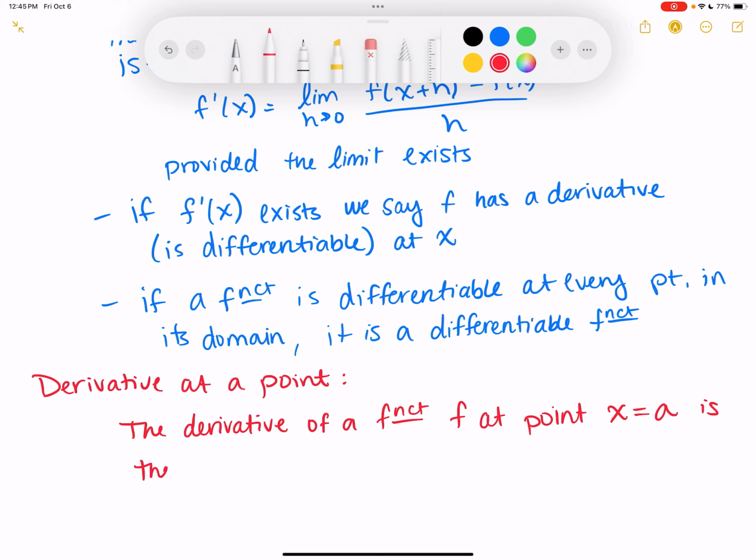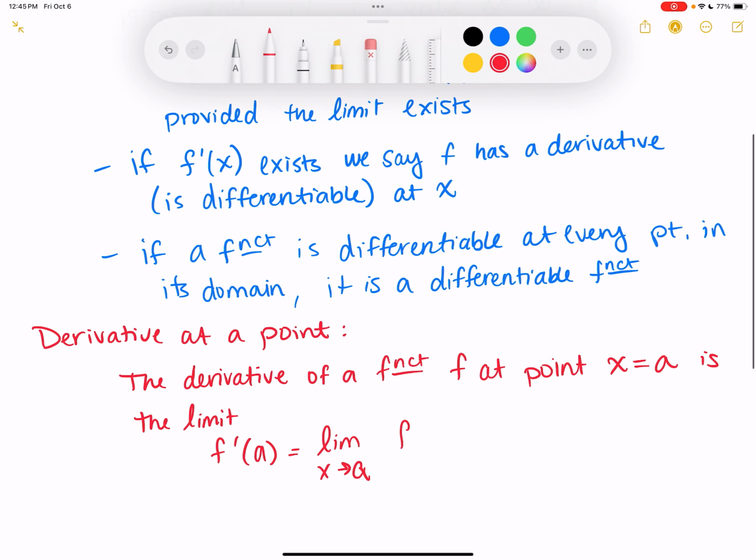Is the limit: f prime of a is equal to the limit as x approaches a, so that's whatever the point is, of f of x minus f of a all over x minus a, provided the limit exists.